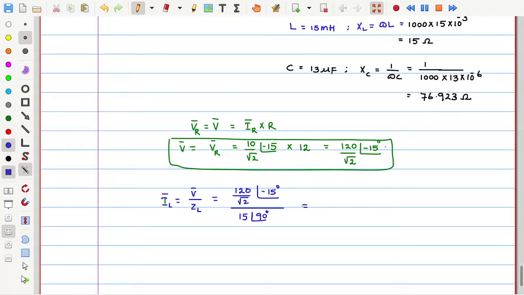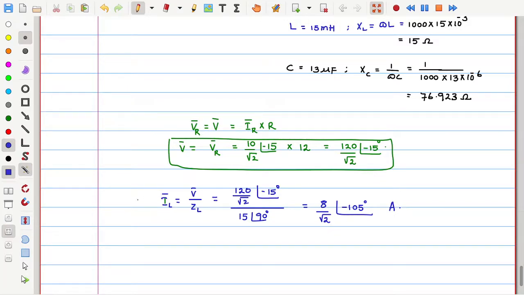Then as a result, let us see how much we get. 120 divided by 15 is 8. So 8 by root 2, I am keeping root 2 as it is, I will show the advantage of that. Then minus 15 minus 90, so how much will we get? Minus 105 degrees, amperes.